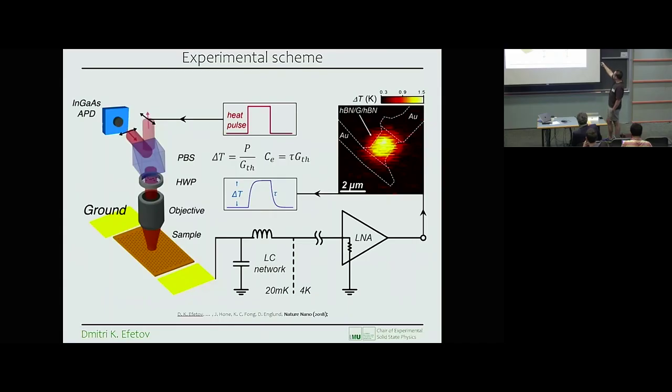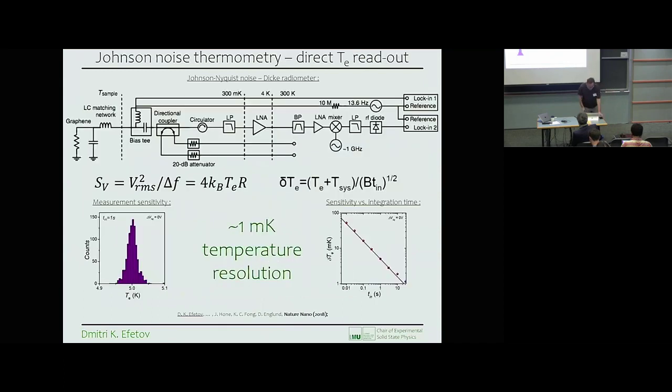Here is a scanning graph of our typical device, where we can scan the laser beam around and record the electronic temperature at the same time, and you can see the signal comes directly from the graphene device. Without going too much into detail, this experimental scheme based on Johnson-noise thermometry was developed by Casey Fong, and Philip Kim also worked on this quite a lot in the last couple of years.